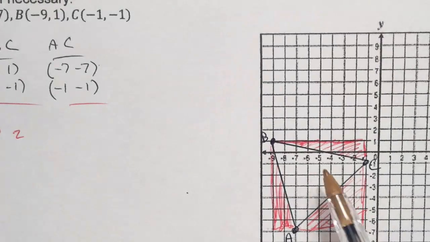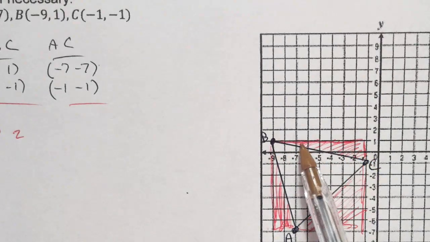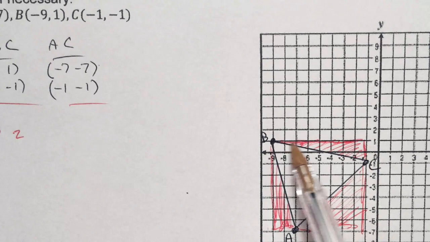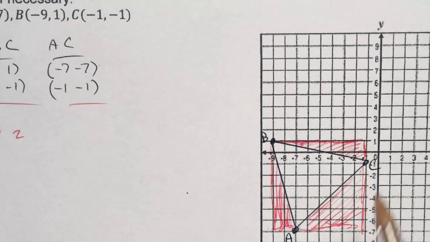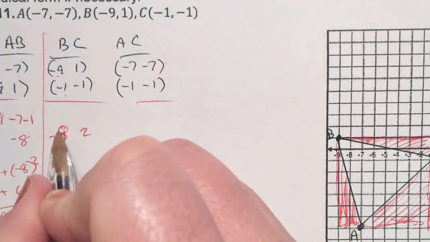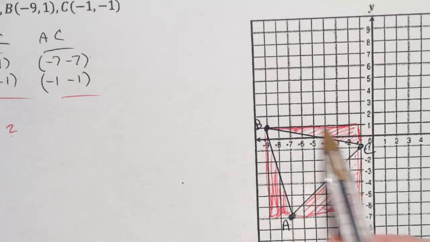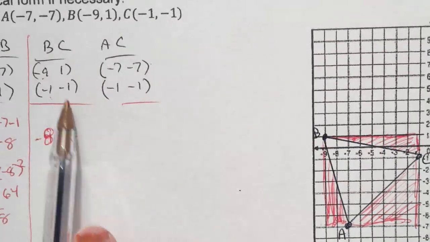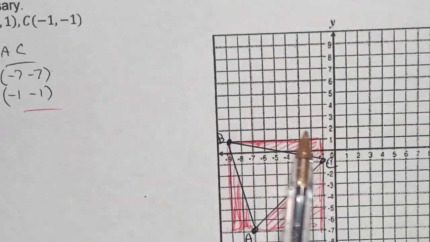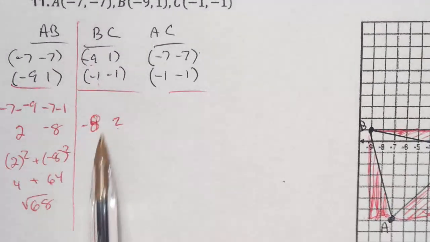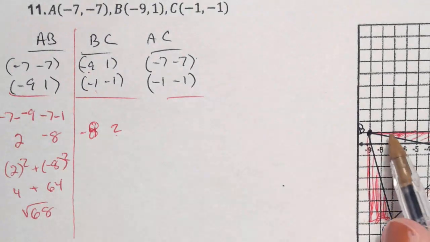So I caught myself. I said it was a 4 by 2. That's definitely not 4 by 2. So I double checked it again. Oh, I subtracted it wrong. So that's an 8 by 2. I caught myself by making sure that number made sense. It did not. All right, so that's an 8 by 2 triangle.